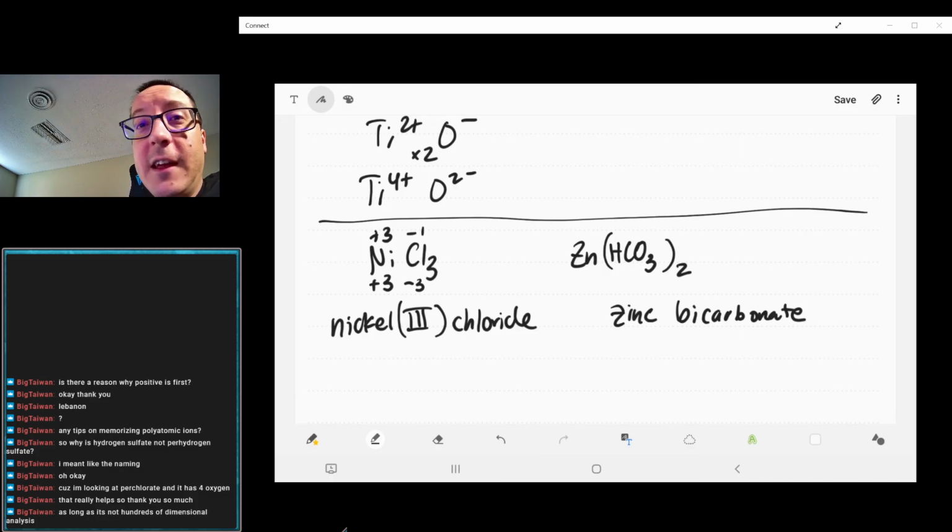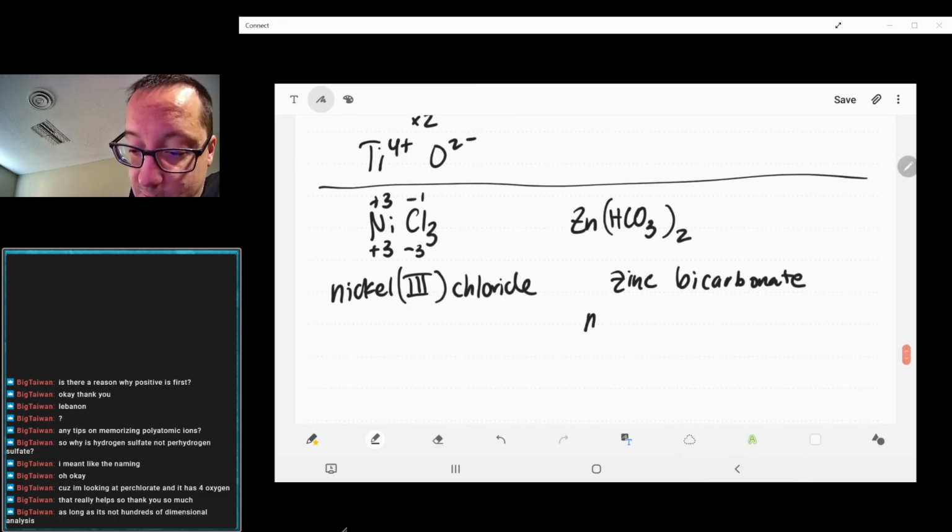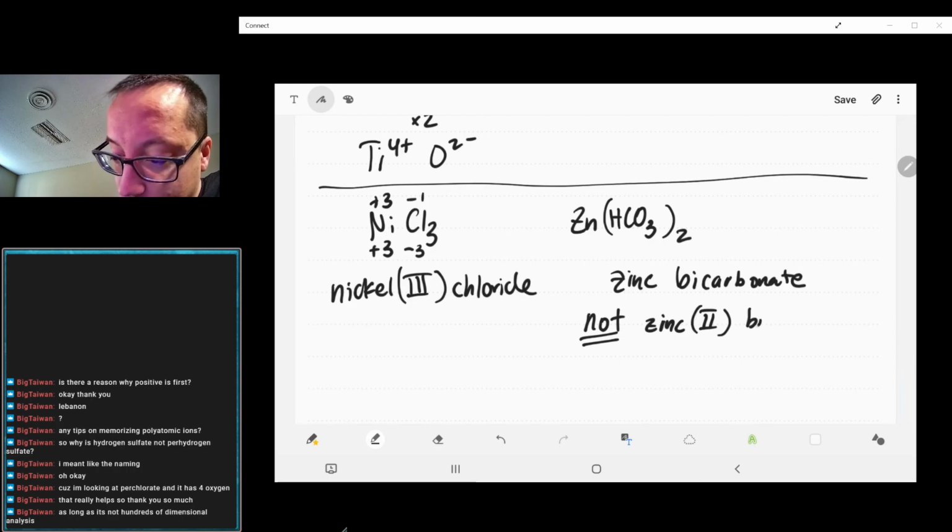Zinc does not need to have a parentheses with a Roman numeral because zinc does not have multiple charges. Zinc is always +2. So note, you would not ever say zinc 2 bicarbonate. You just don't.